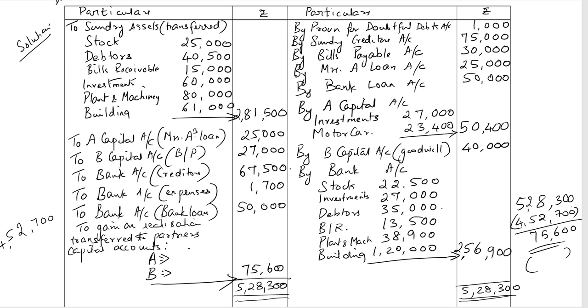Profit sharing ratio between A and B is 3:2, and on dividing by 5 we get 15,120 rupees. So against A's capital account, it's 15,120 multiplied by 3, which is 45,360 rupees, and 15,120 multiplied by 2, which is 30,240 rupees. So this is a realization account.